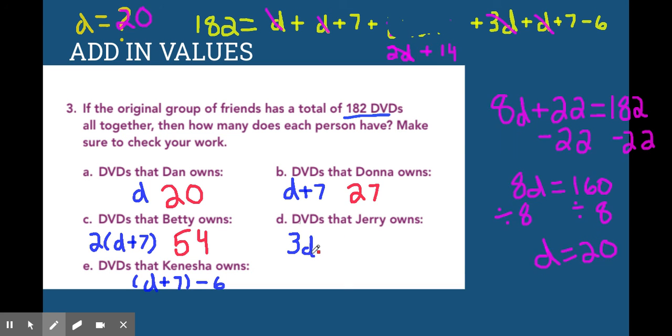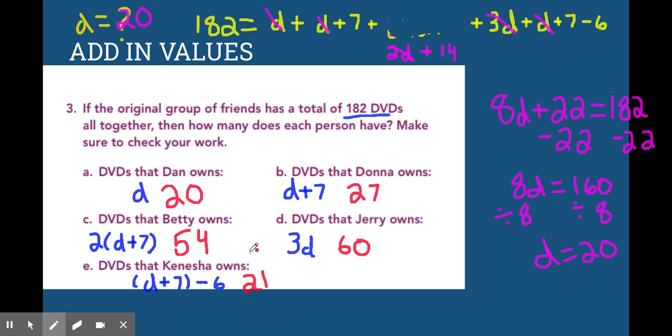Now 3D, 3 times 20 is 60. And finally, D plus 7, we know is 27, minus 6 would be 21. So Tanisha has 21. So now we've identified how many everybody has.